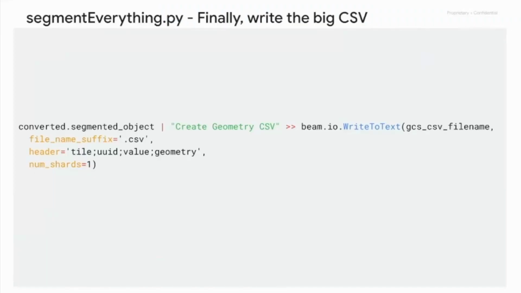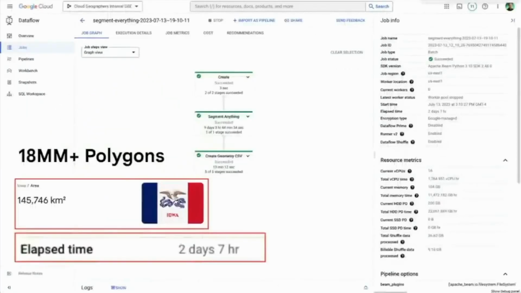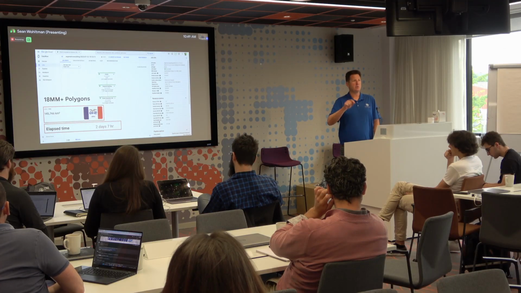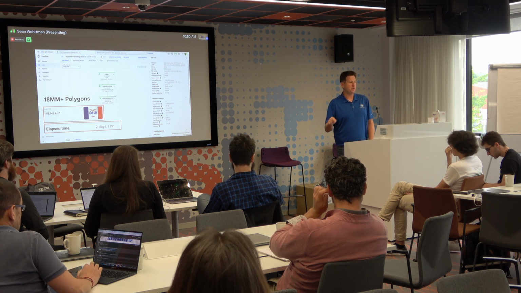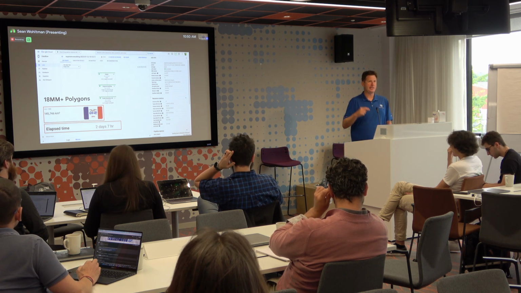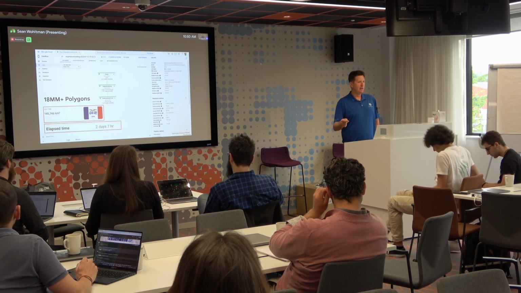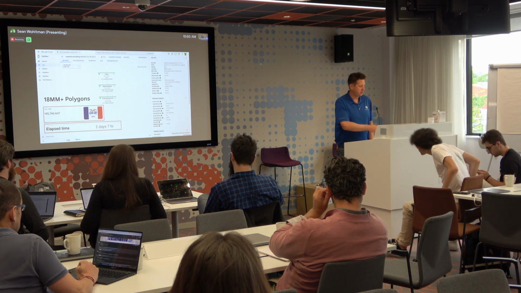Okay. So let's take a look at the results. First of all, how long did it take and how much did it cost? With my 4 GPUs, it took 2 days and 7 hours of wall time. It actually cost Google more to have me do it this way rather than giving me more GPUs for a shorter period of time, because I ended up keeping all those SSDs and all the CPUs spinning for 2 days.